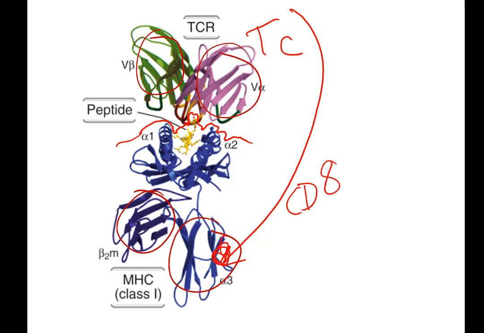There's a region on the constant region of the alpha chain that binds the CD8 molecule, the co-receptor. CD3 is going to be on either side of that T cell receptor. The zeta chain is going to be in there too. So we have the CD3 T cell complex along with the co-receptor.